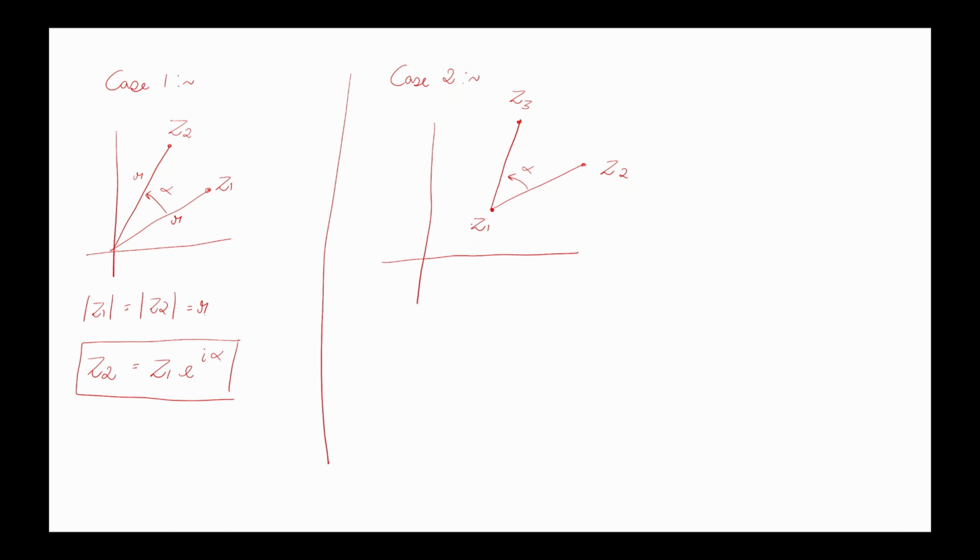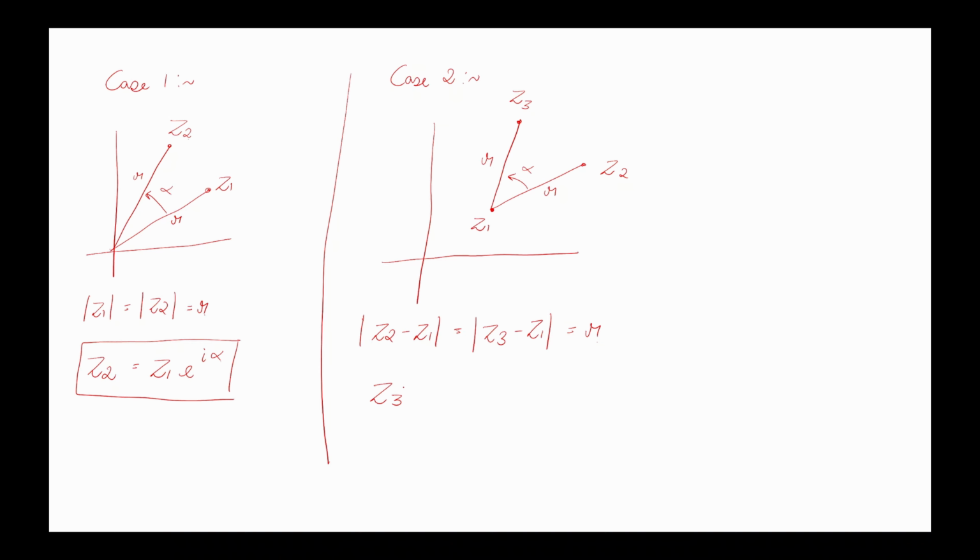So from here what I can say is that of course my r needs to be the same for both these lines. That means modulus of z2 minus z1 would be equal to modulus of z3 minus z1, and this is equal to r basically. And what would my new complex number z3 become?